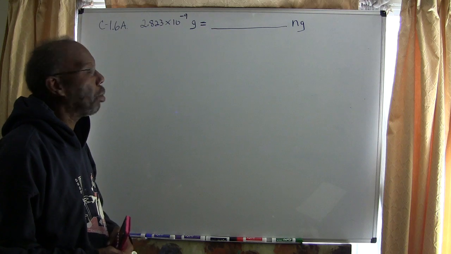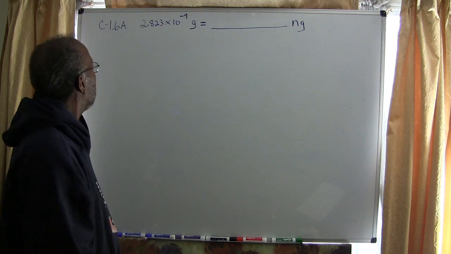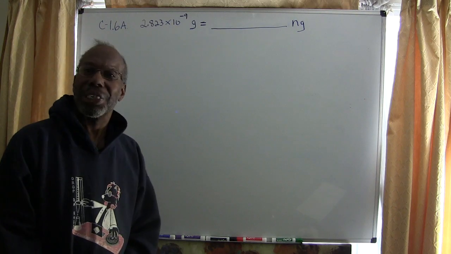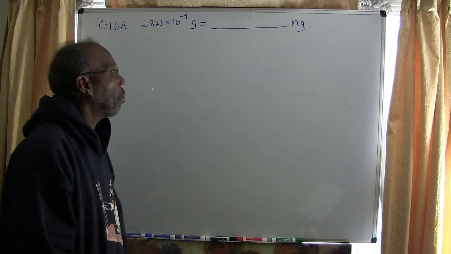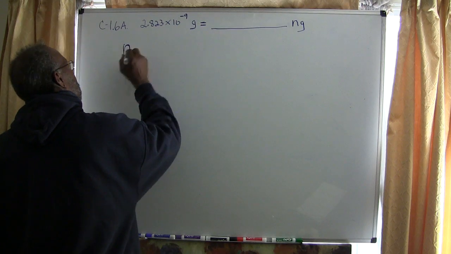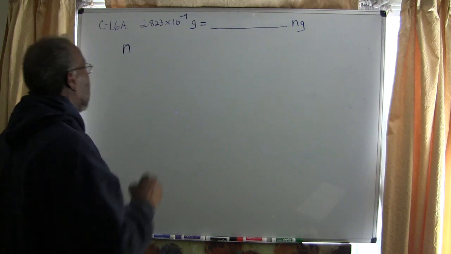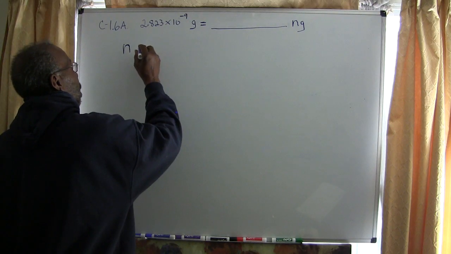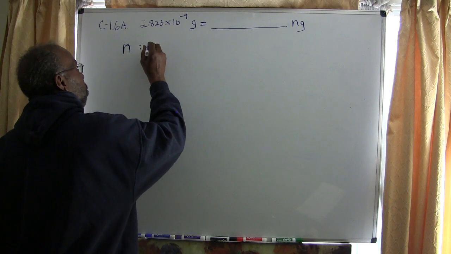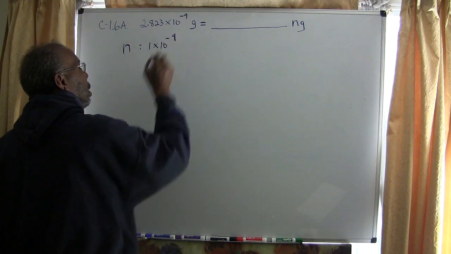And again, we're going to use the same procedure that we used in C-1.6. That is, we're going to first start with nano. The symbol for nano is lowercase n, and nano simply means 1 times 10 to the minus 9.